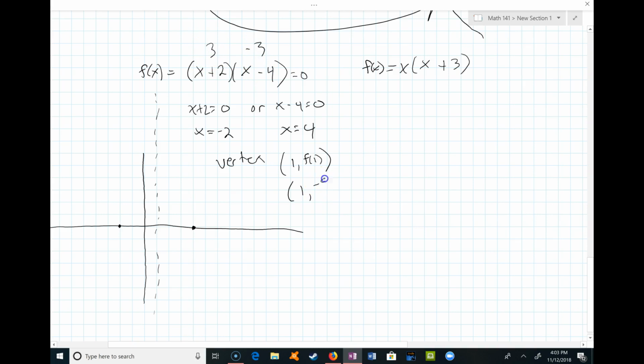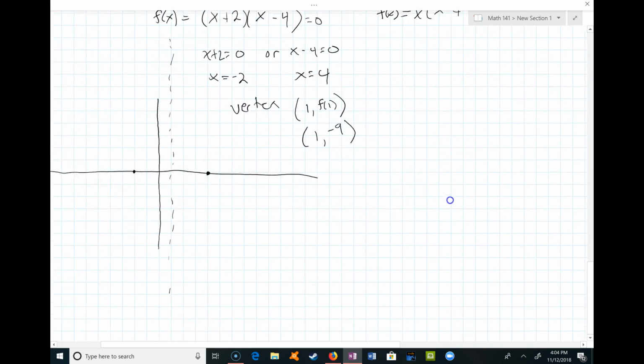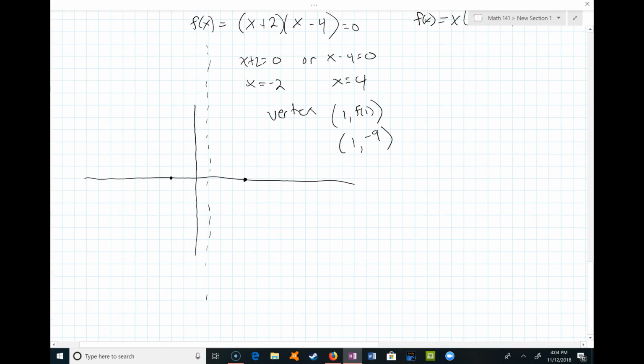And so that would be negative 9. So this parabola has a vertex at 1, negative 9. So that'd be 1, then 1, 2, 3, 4, 5, 6, 7, 8, 9. So that means we would have a parabola that looks something like this.